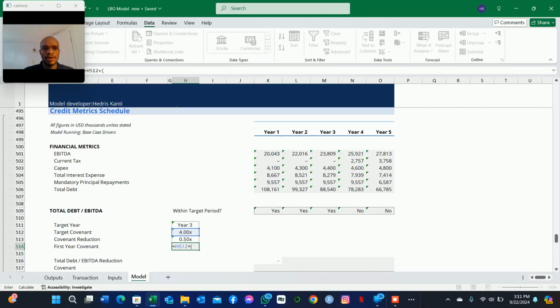We add that to our target year, that is the third year, and then we multiply that by our covenant reduction of 0.5 times. And then we subtract 1.